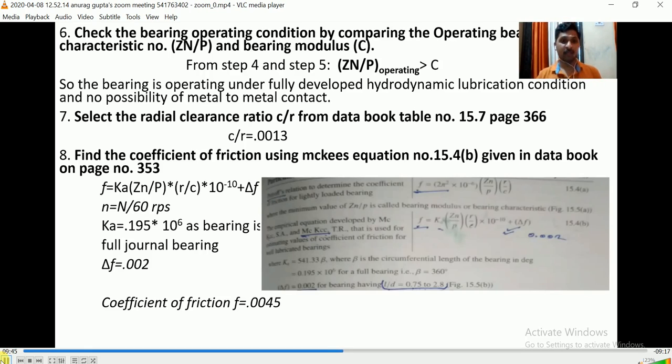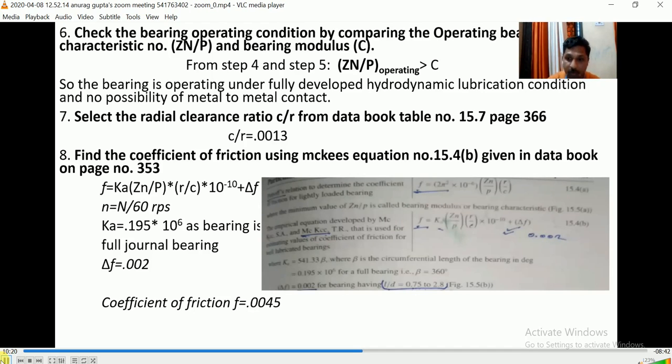The requirement of artificial cooling will be the difference between the heat generated and the heat dissipated, that is, whatever heat is generated and whatever heat the bearing can dissipate. The difference of these two terms is the extra heat to be removed by artificial cooling. So we have to find the heat generated and also the heat dissipation.